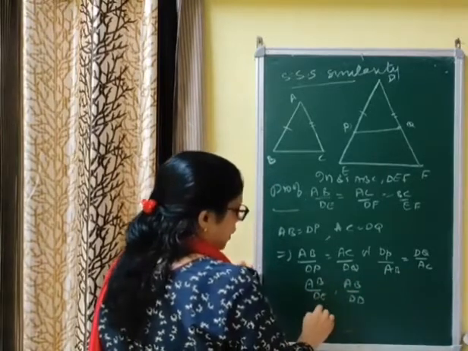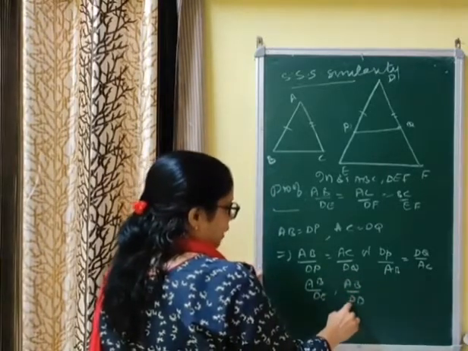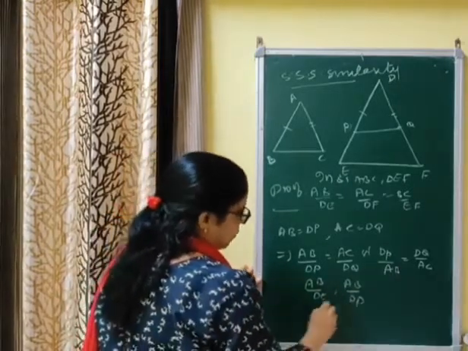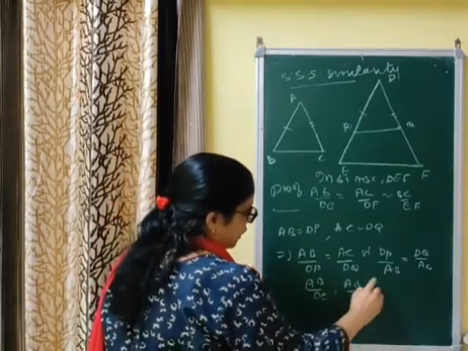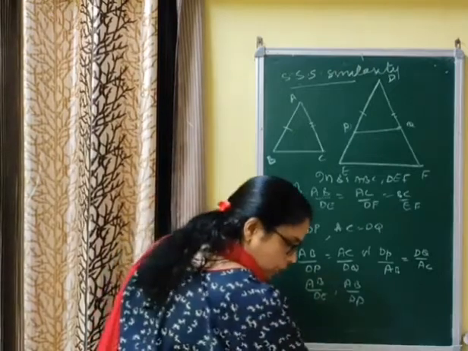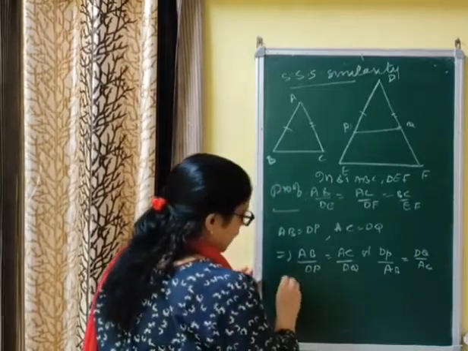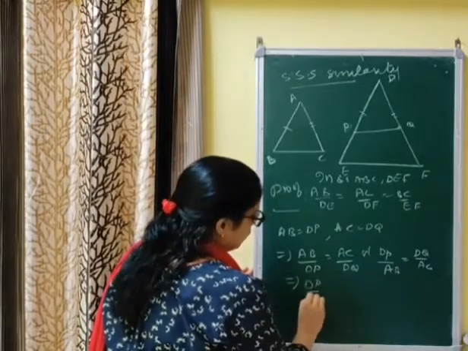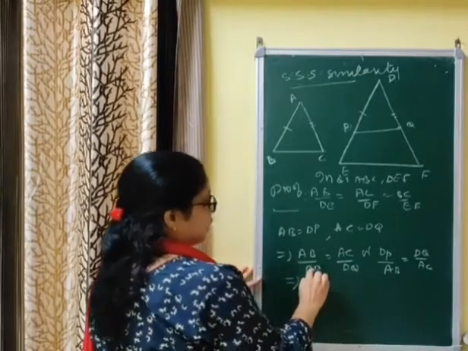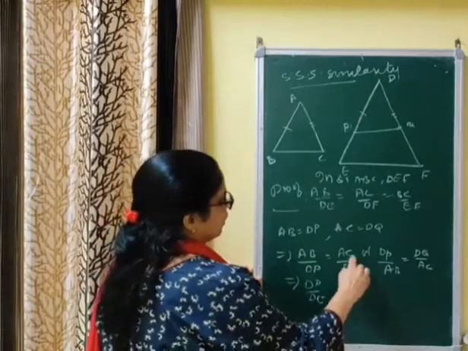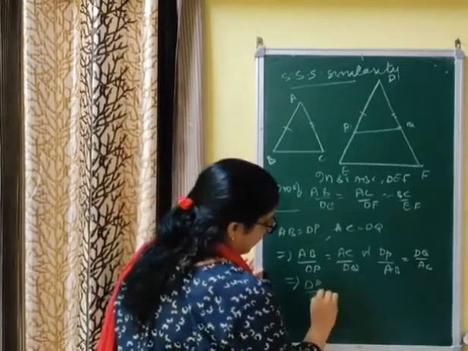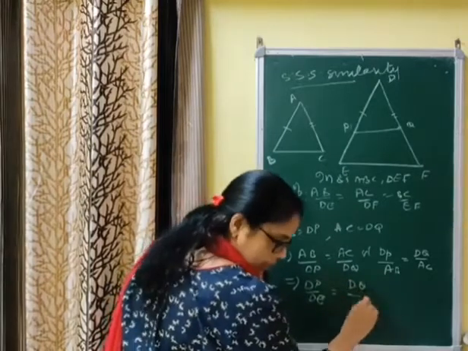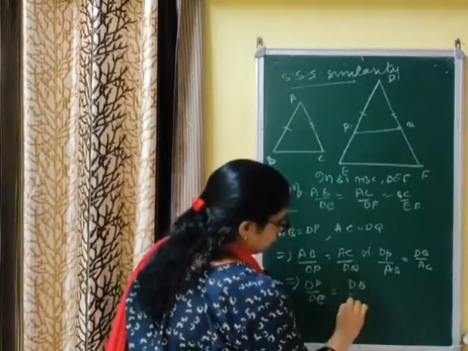AB by DE is equal to AB by DP, that is equal to DP by DE. So you can write this as, this implies that similarly that part also DP by DE. I just said DP by DE, here DQ by DF. DP by DE is equal to DQ by DF.